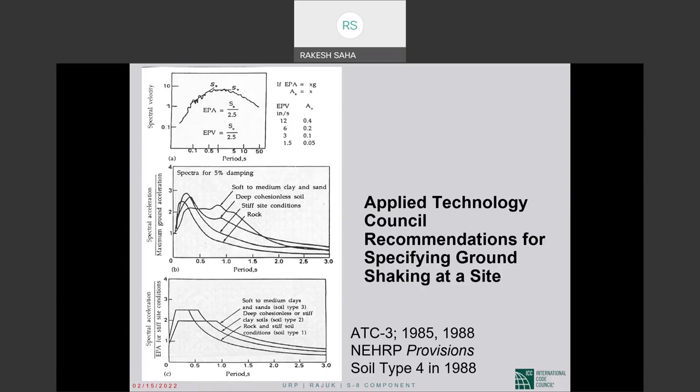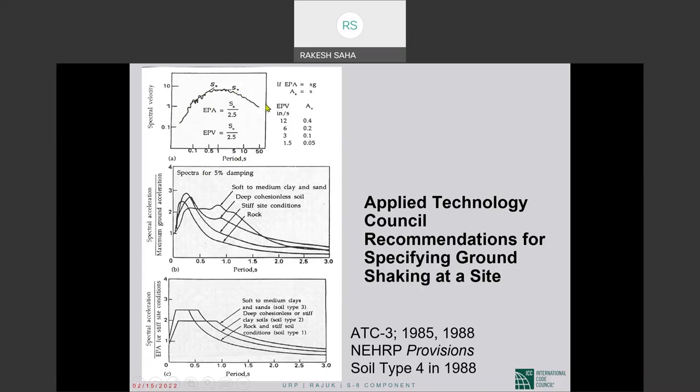What is effective peak acceleration? So that's where this top figure comes in. We have one of those tripartite spectra, spectral pseudo-velocity on the y-axis and so forth. Okay, this is the constant acceleration part of the spectrum because we have period on the x-axis. This is the constant velocity part of the spectrum.